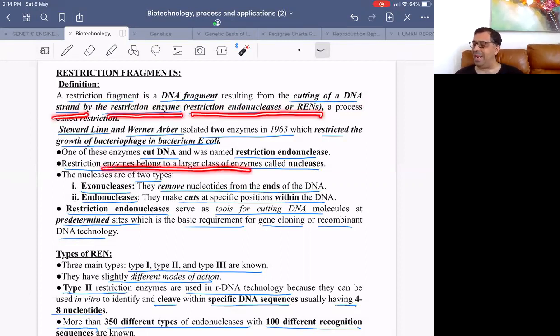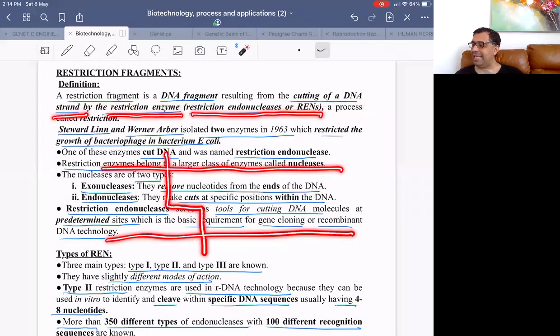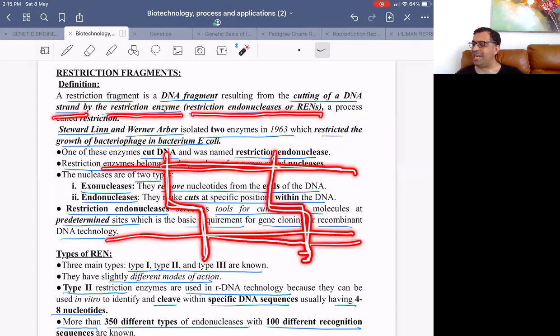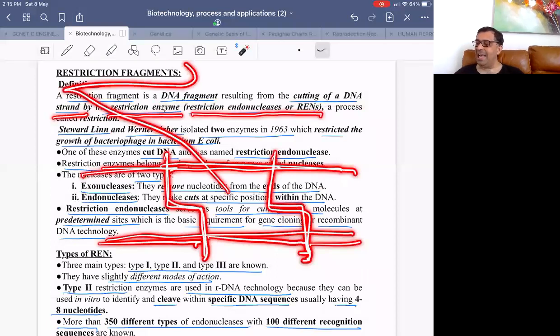And we did in the last lecture, suppose this is cutting done by restriction endonuclease. So we told you about sticky ends, and fragments which you get after cutting it with restriction endonuclease are called restriction fragments.